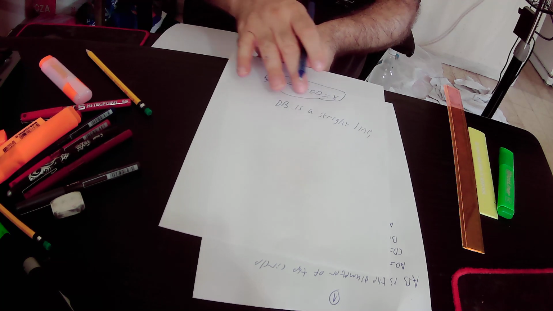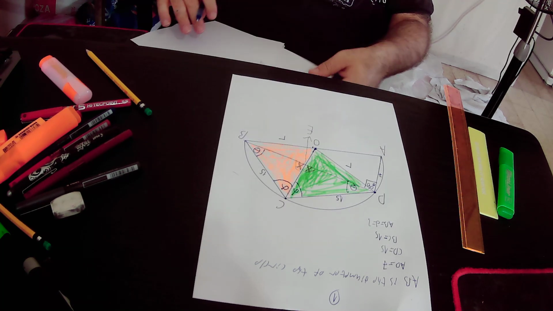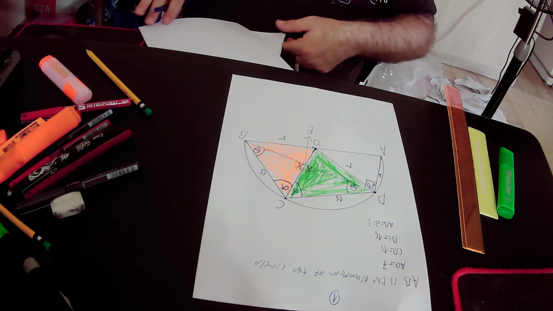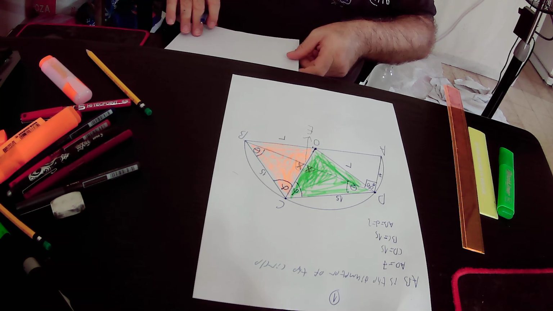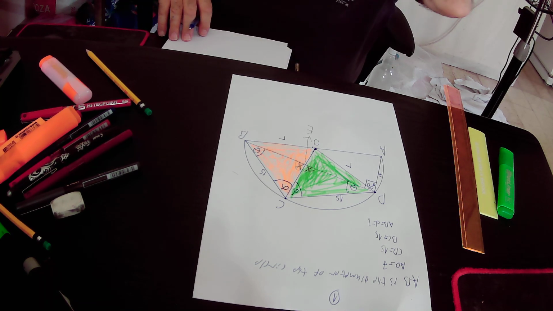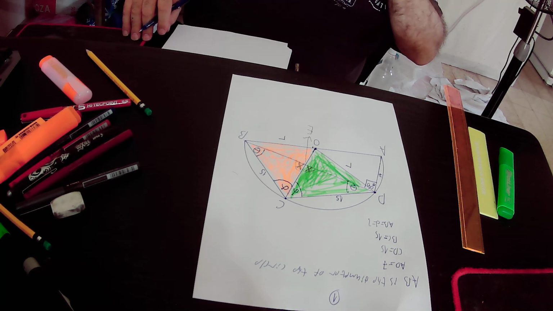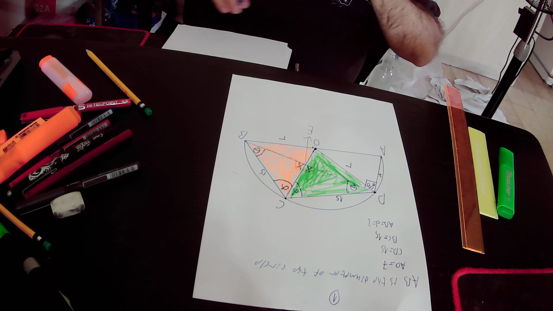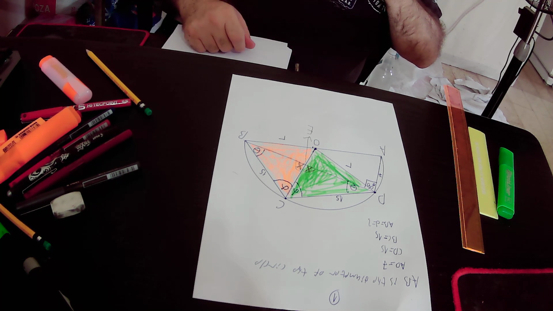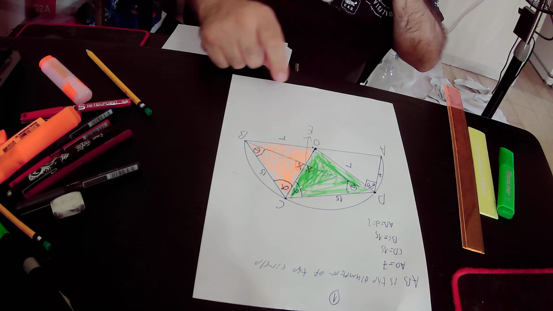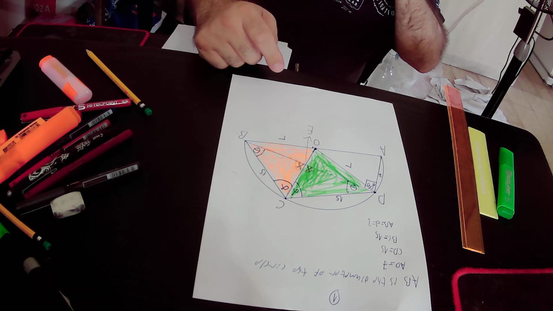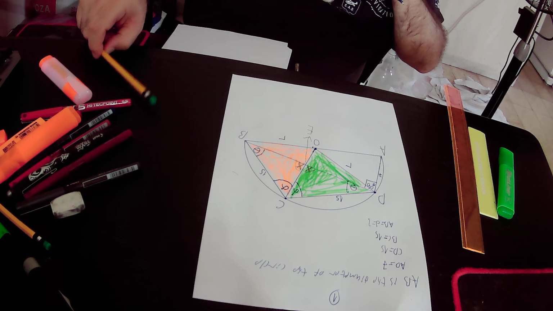Chord DB is a straight line. And we know that the sum of the angles at a certain point at one side of a straight line equals 180 degrees.